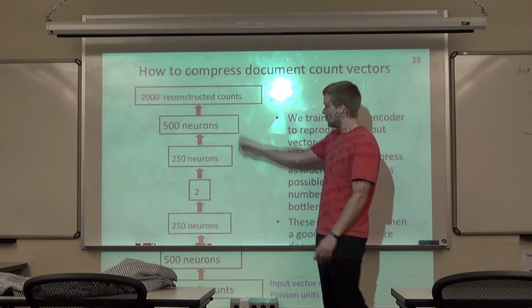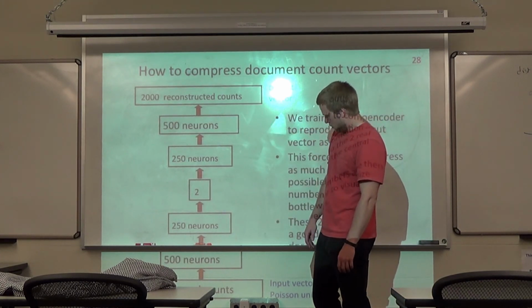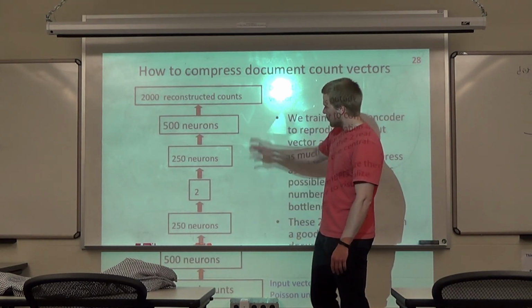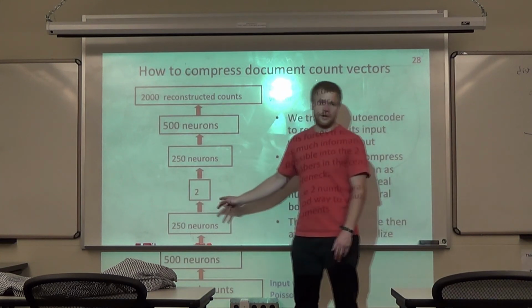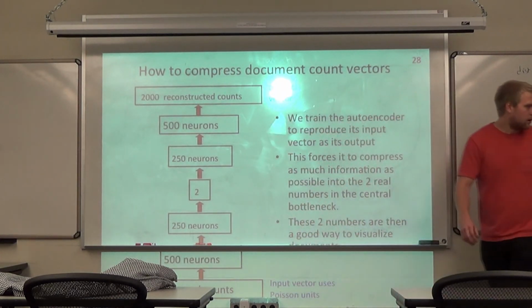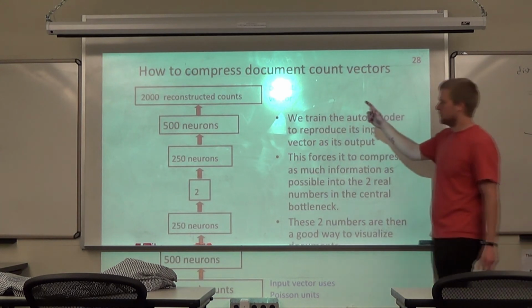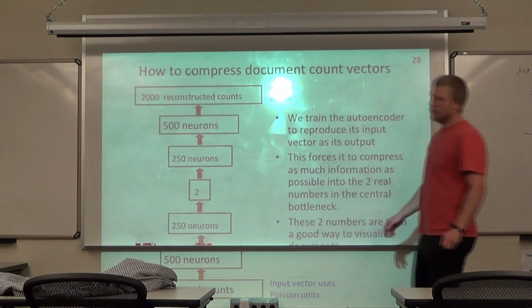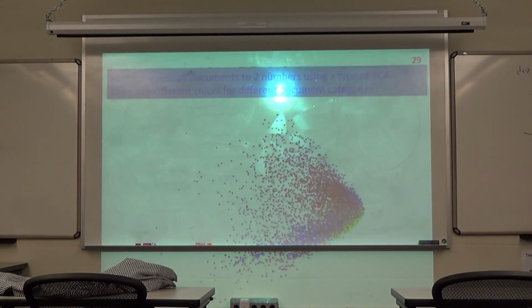So basically, you're able to represent a document in this vector, a bag of words vector. And so they did this autoencoder in which the middle layer was only 2 neurons. And they were able to still reconstruct it very well with just 2 neurons. If you were to use PCA on this data and try to do dimensionality reduction, you get something that looks like this, in which each color corresponds to a category of documents.